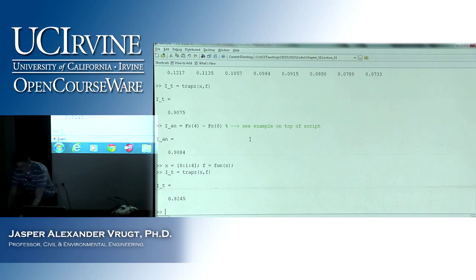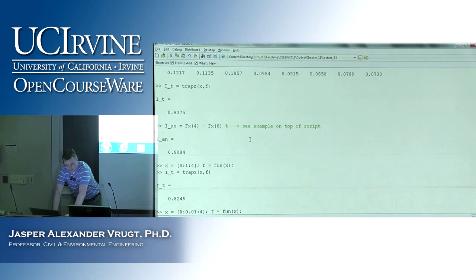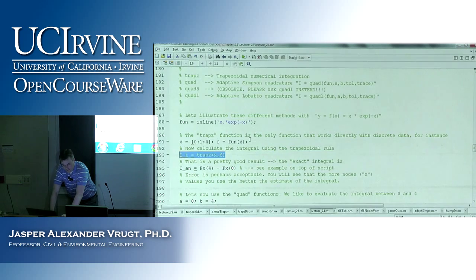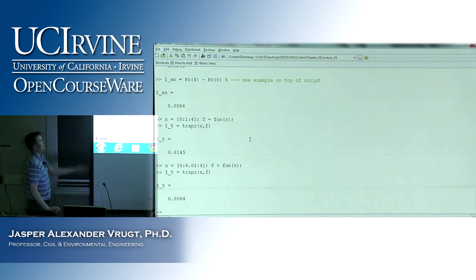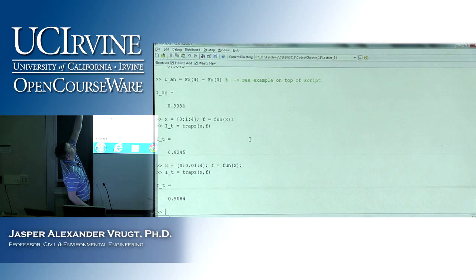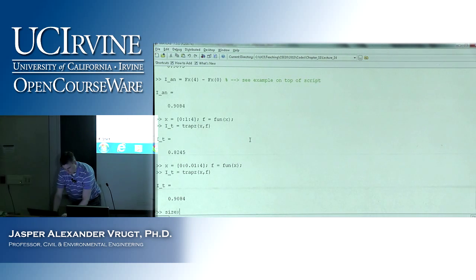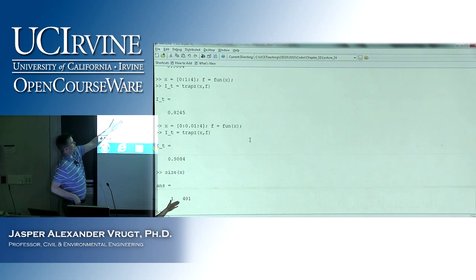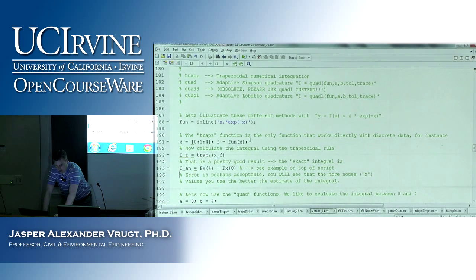Obviously, I can also make it really nice with a step size of 0.01, because if I now do the integration, you see I get the same result as the analytical result, I_an on top. But with a step size of 0.01, I have to use 401 x values to get a similar result. It's not particularly efficient, but anyway.